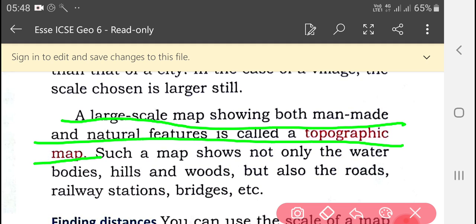There we will get both man-made as well as natural features. In a topographic map, we can find hills, woods, wood means forest, and roads, railway stations, bridges, and so on.